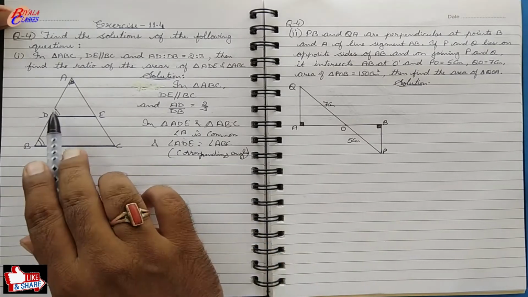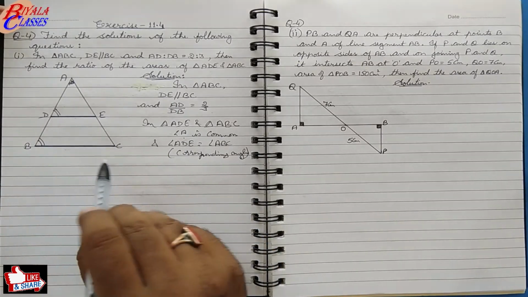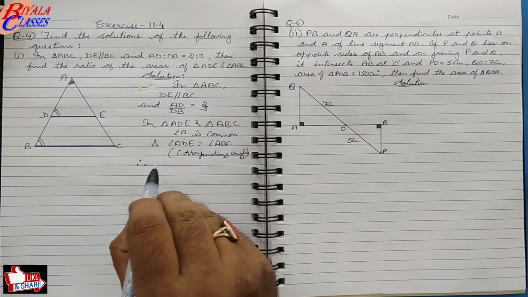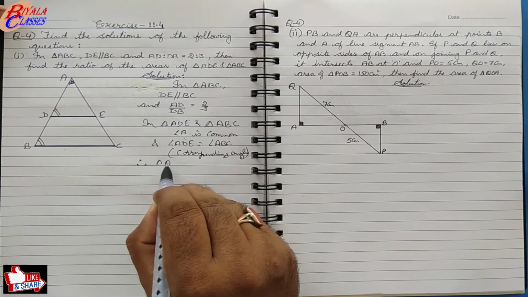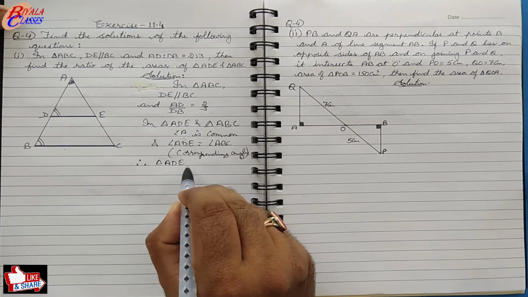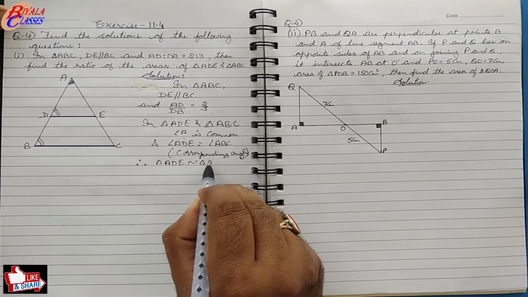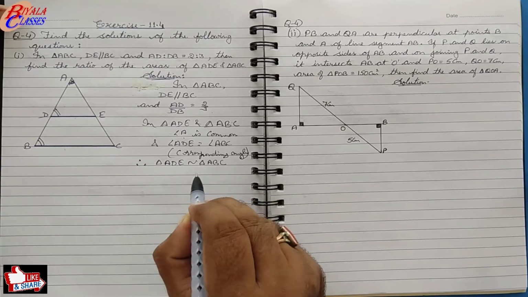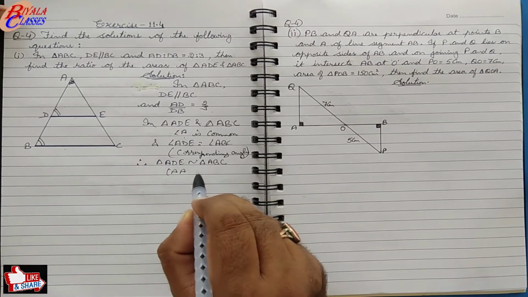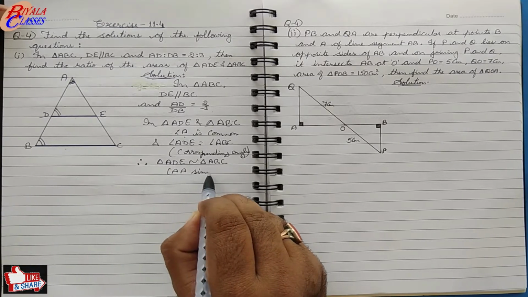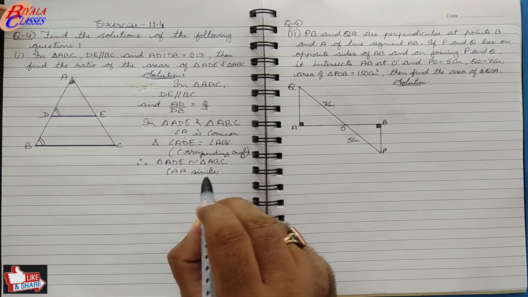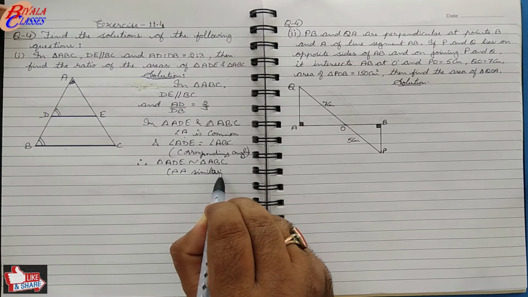Now with two angles being equal in the two triangles, we can say that triangle ADE is similar to triangle ABC. This is by AA similarity.